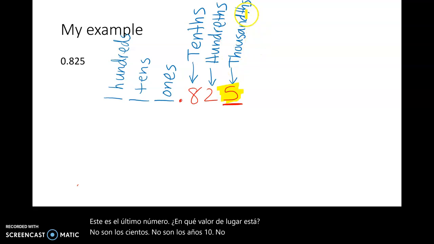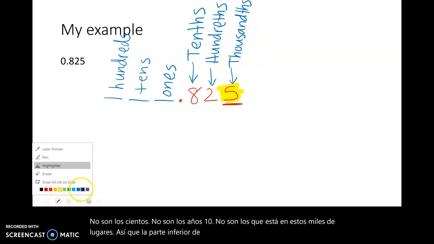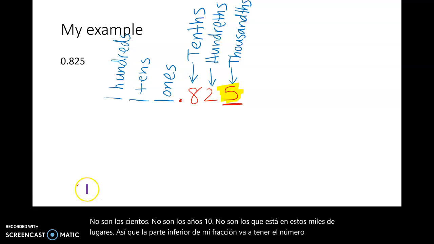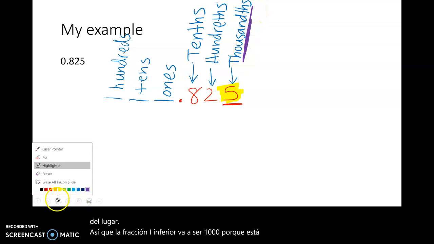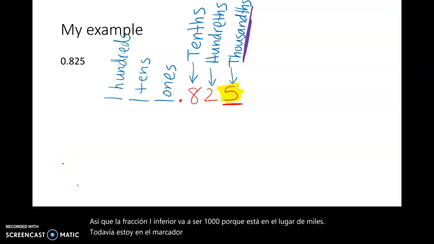It is in the thousandths place. So the bottom of my fraction is going to have the number of the place value. The bottom of my fraction is going to be 1,000, because it is in the thousandths place.